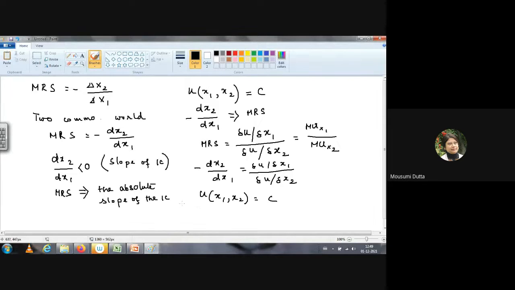Now, if I consider the total derivative of this equation, can you tell me what equation I'll get? Anyone? If I go for total derivative, what I'll get?